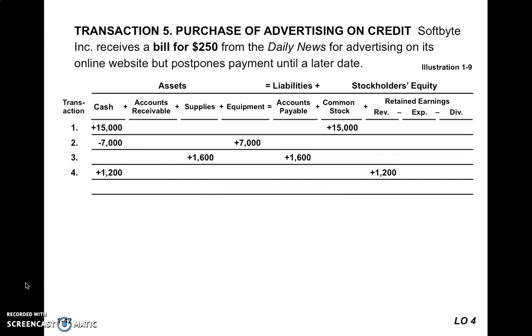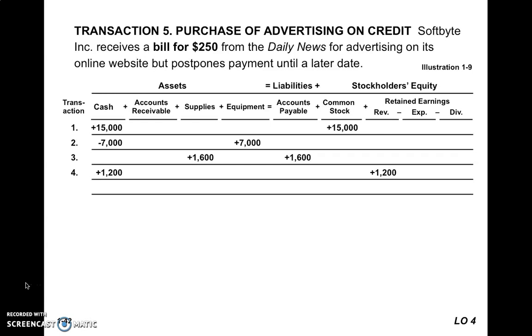The next transaction is when the company purchased advertising on credit. So Softwhite Inc. receives a bill for $250 from the Daily News for advertising on its online website, but postpones payment until a later date. So in this case, the company has used services of the advertising company.